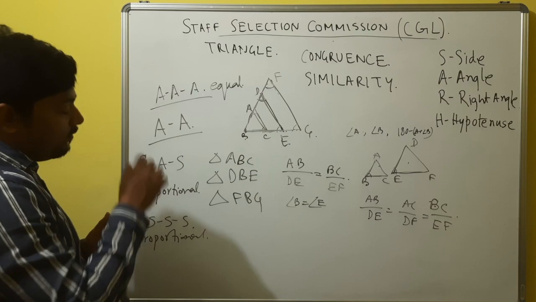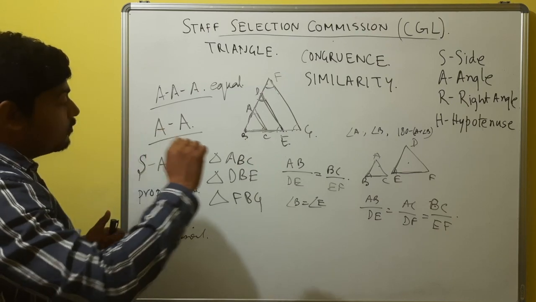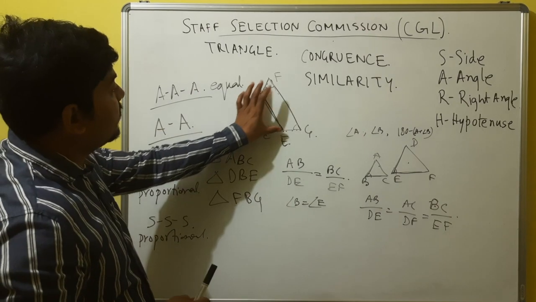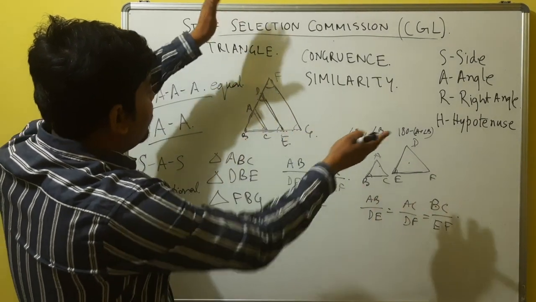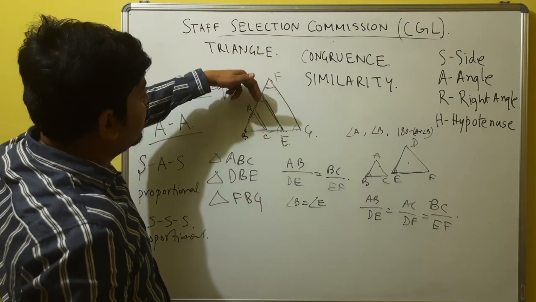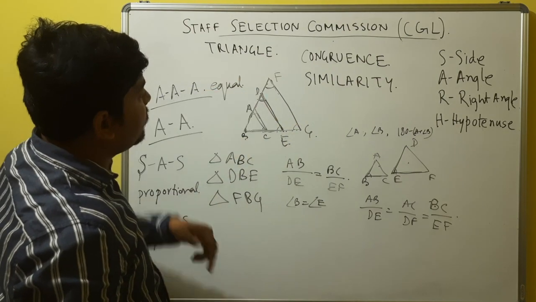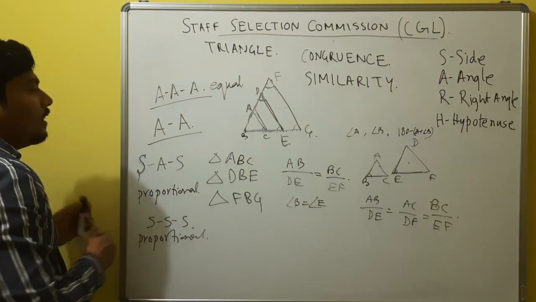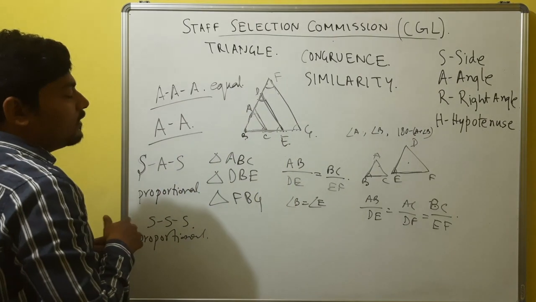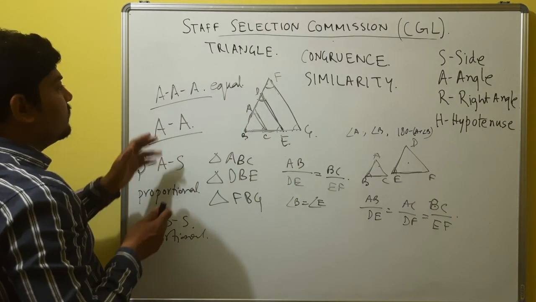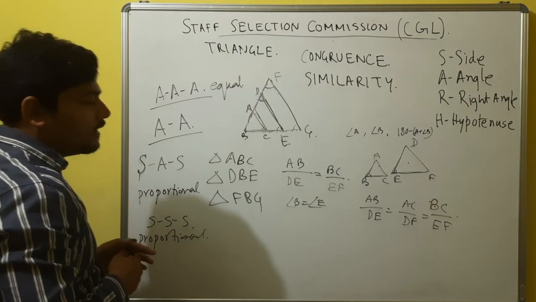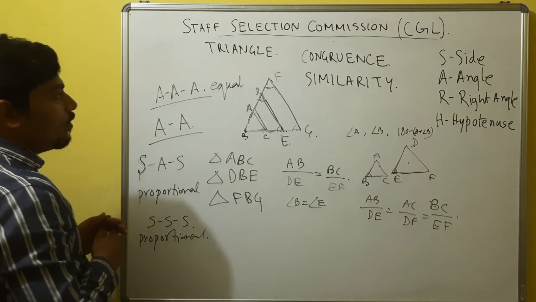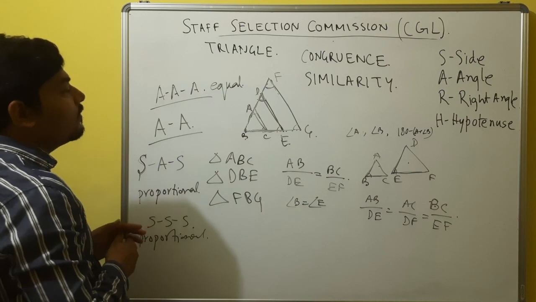Now when two triangles are similar, I drew an example where I keep increasing the two arms and keep drawing a third line parallel to the first line. All three triangles have the same angles. So we deduce that if all three angles are the same for two different triangles, they are not congruent but they are similar.